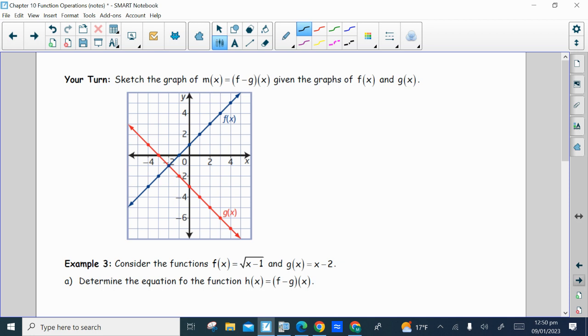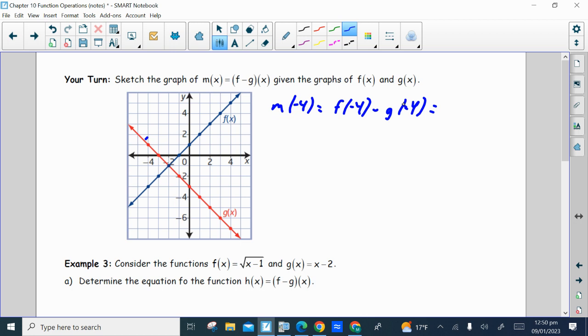So what's different about this one is now note it's f minus g at x. So now we have to subtract the y values, okay? And so I'll just do some writing on the side here. So when x is negative 4, to find m at negative 4, I have to go f at negative 4, subtract g at negative 4.